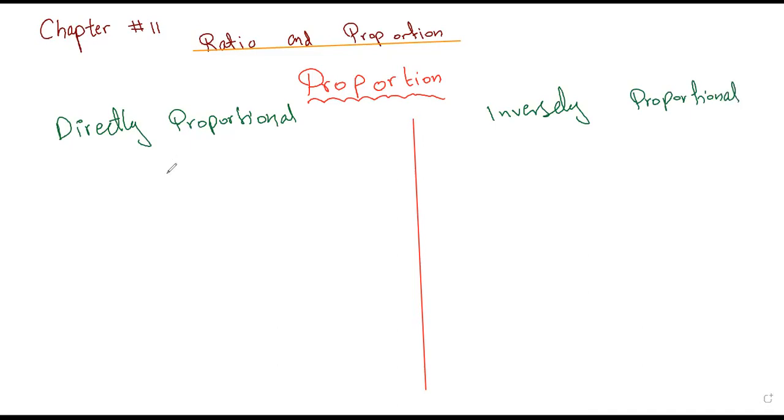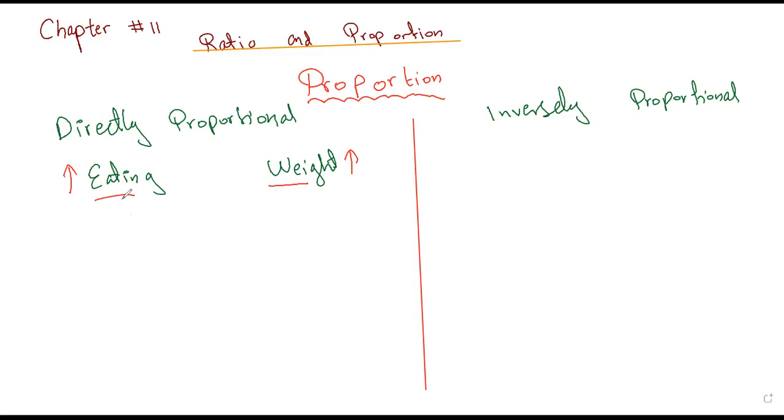For example, if we talk about eating and weight, okay? Now I know that the more I eat, the more weight I will gain, right? They are directly proportional because if I eat less, my weight will be less. If I eat more, my weight would be more, right? So this means that these two quantities are directly proportional, right?